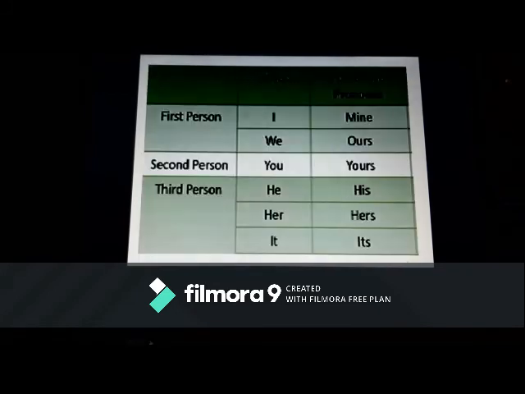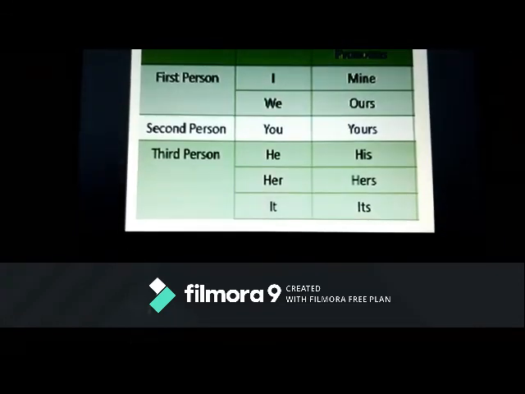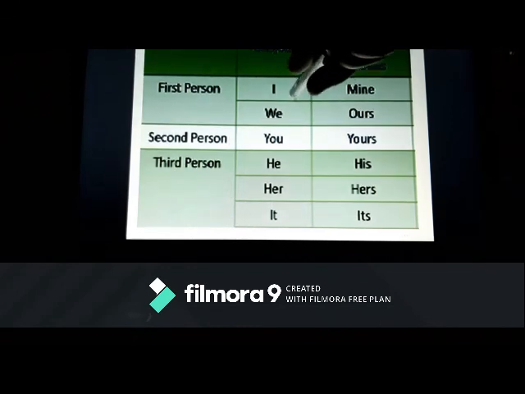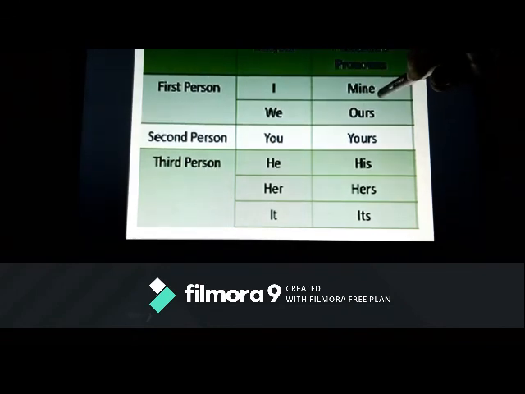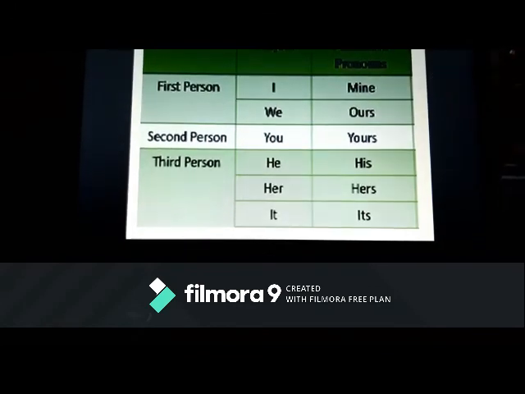Now going to the next one, we will see the first person, second person and third person possessive pronouns. In the first person, if the subject is I, the possessive pronoun will become mine, and first person we becomes ours. We know the first person is I and we.